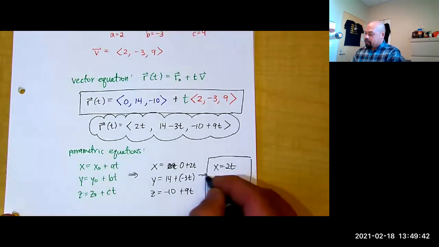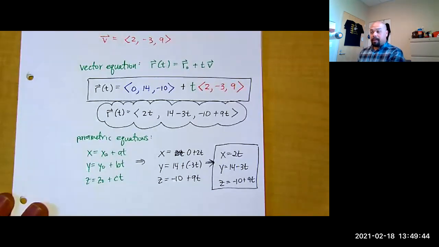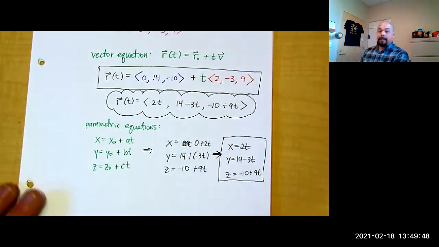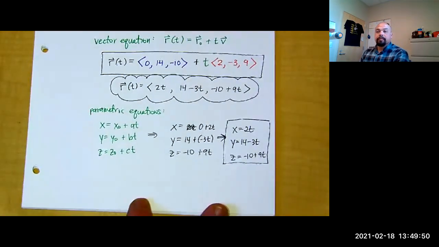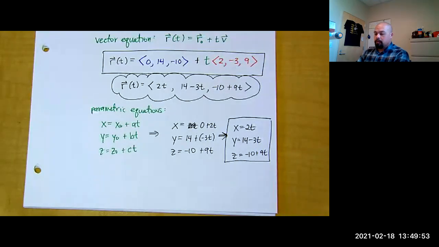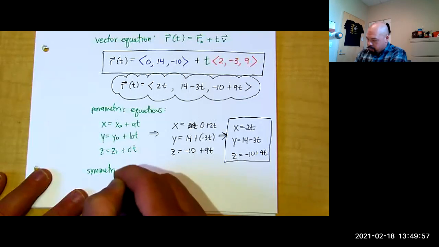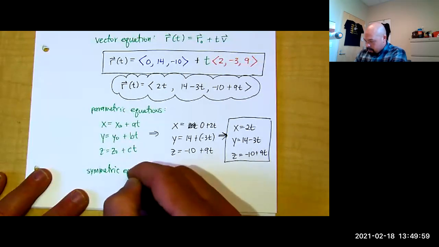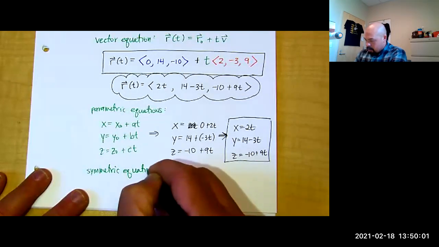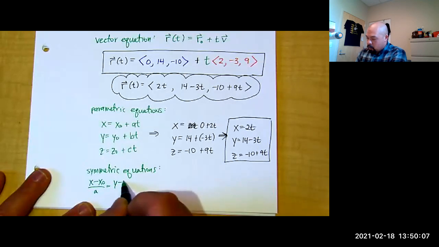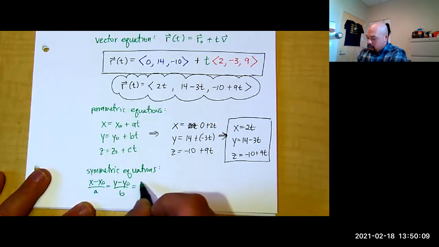And even though it didn't ask for it, we can even do our symmetric form, our symmetric equations. I know it didn't ask for it, but bear with me. Our symmetric equations: x minus x naught over a, y minus y naught over b, equal to z minus z naught over c.